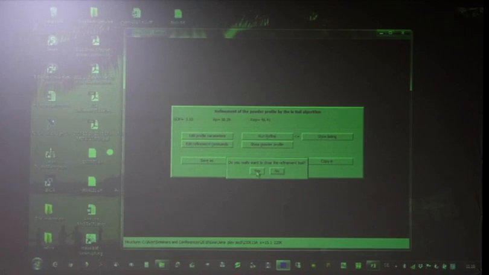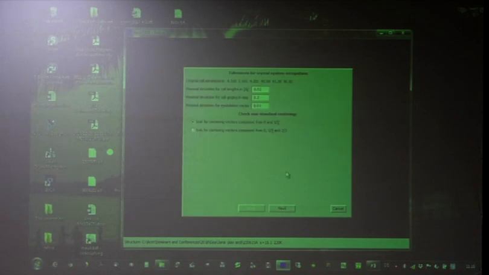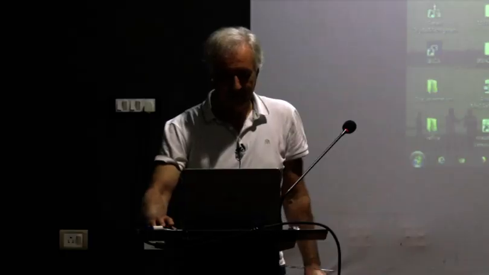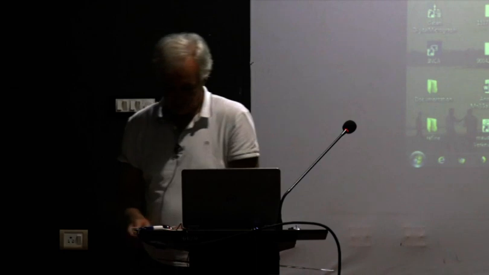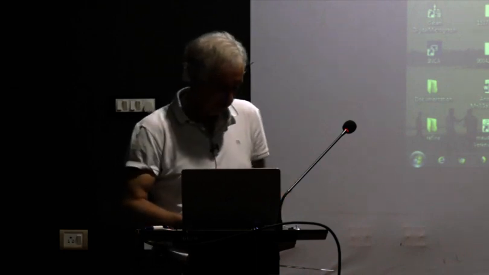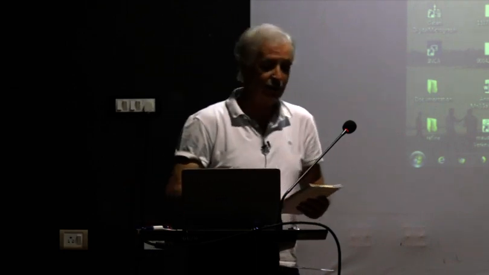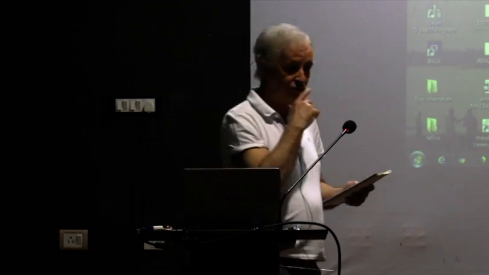Do you want to close the refinement tool? Yes. So now we're going to do a group test. So we say next. Again, next. Now, the structure that we have is a P2/M, the space group.